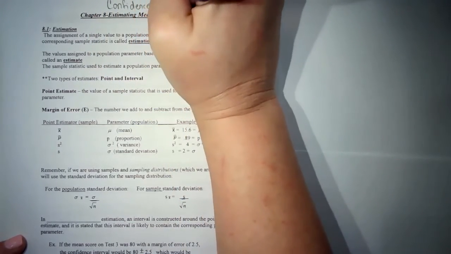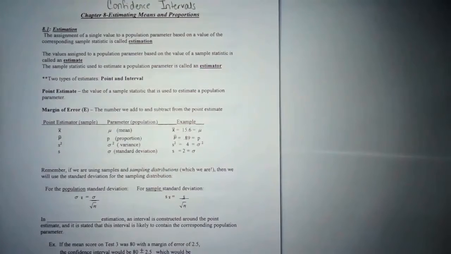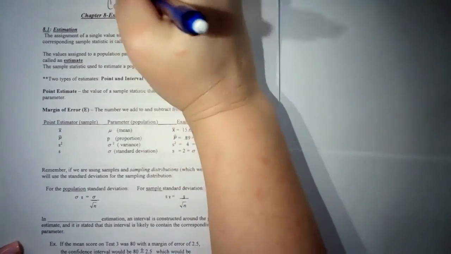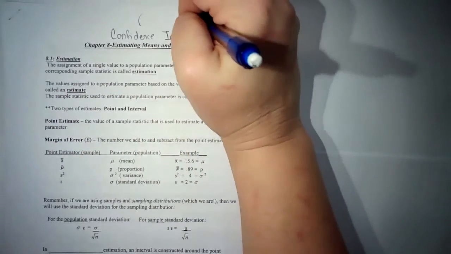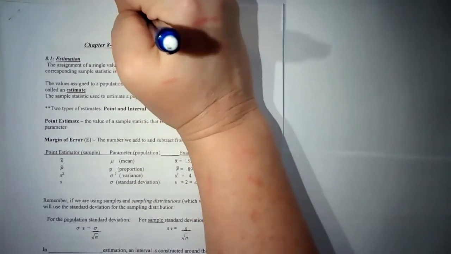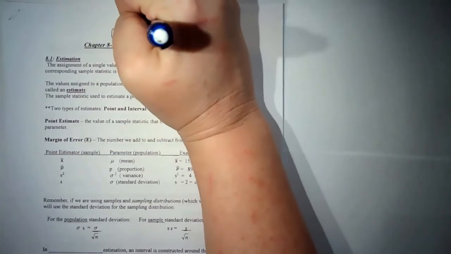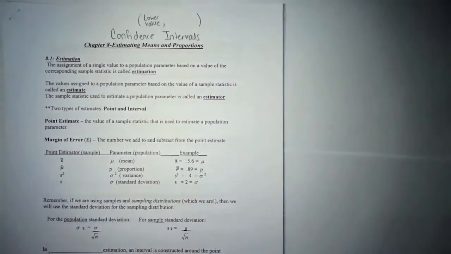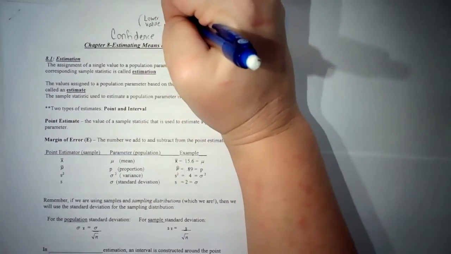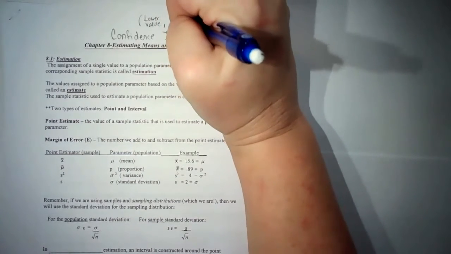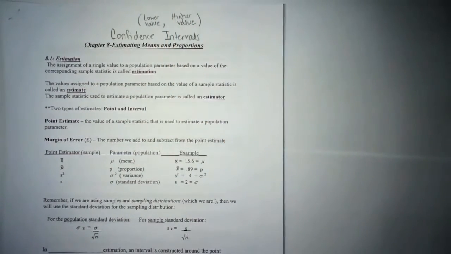So when I say we're estimating, what we're going to have is two little parentheses like this. And you're going to have a lower value as your first number, comma, and a higher value as your second number. That's your confidence interval.